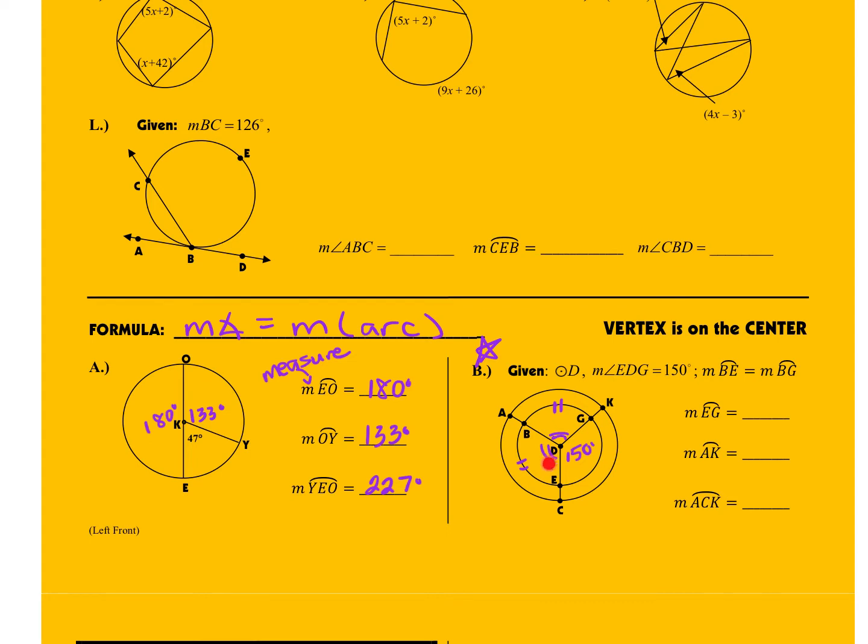Now, we all understand that there's 360 degrees in a circle. So if this angle right here is 150, we can go ahead and just take our 360, subtract our 150, and we'll get our 210, and then divide that 210 into the two individual pieces right there, and we can fill in then the 105 and a 105.